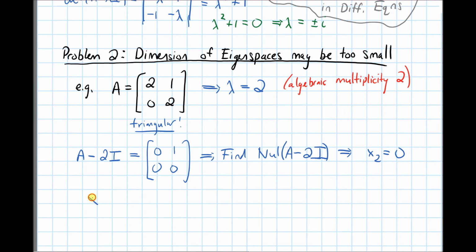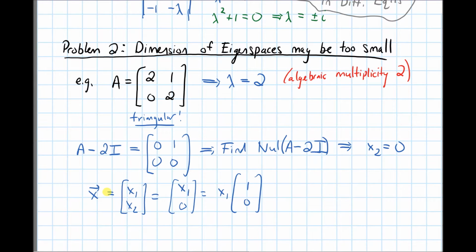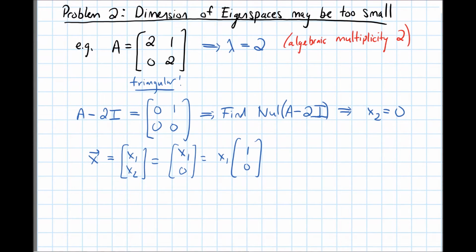At this point, if I write our vector x as x1, x2, x1 is free, so we leave that how it is. x2 now we know is 0, so plugging that in, we have 0. If we factor out the x1, what I'm left with is 1, 0. Now I want to introduce some notation to talk about eigenspaces.